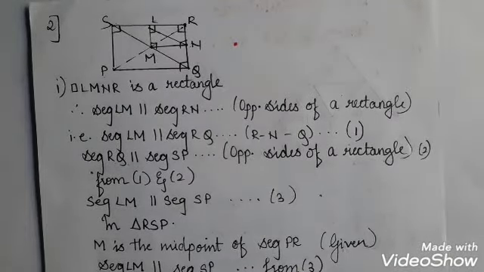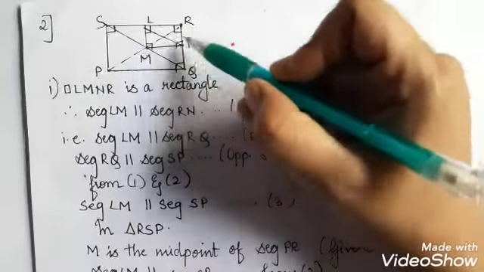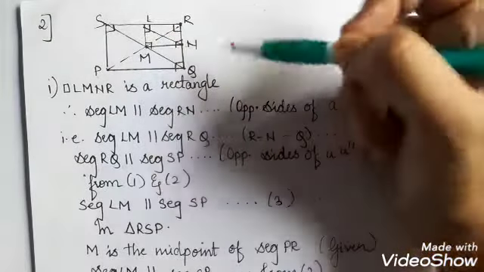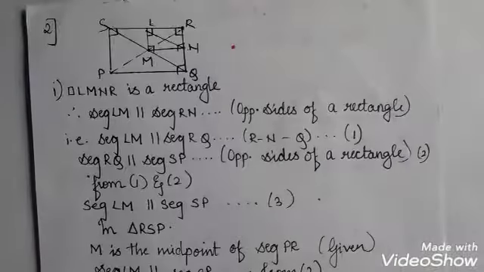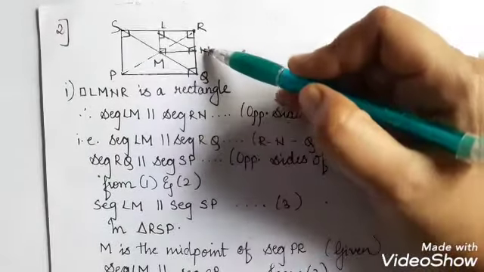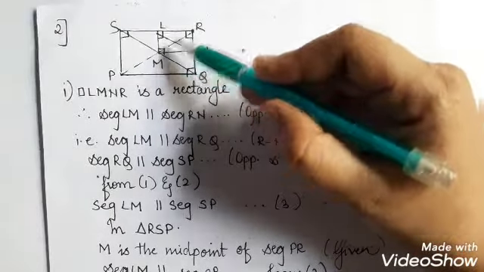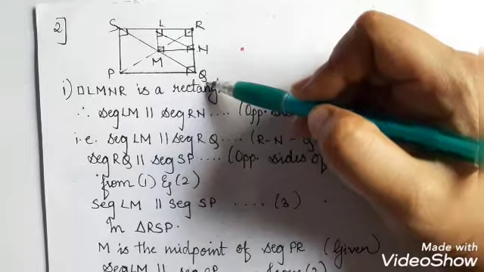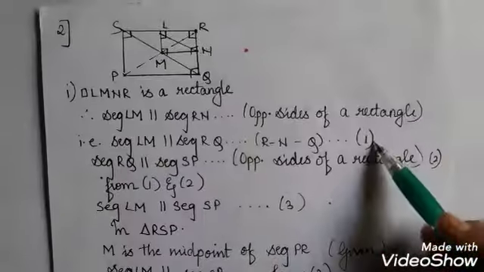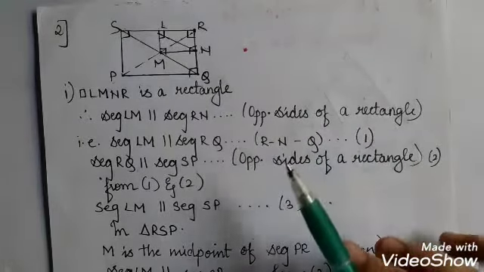So first I take the first rectangle LMNR. Now LMNR is a rectangle. Rectangle means opposite sides of the rectangle are parallel. That means LM is parallel to RN. Now if LM is parallel to RN, that means LM is also parallel to RQ, because RN lies inside RQ. That is equation 1, and the reason is that opposite sides of the rectangle are parallel.